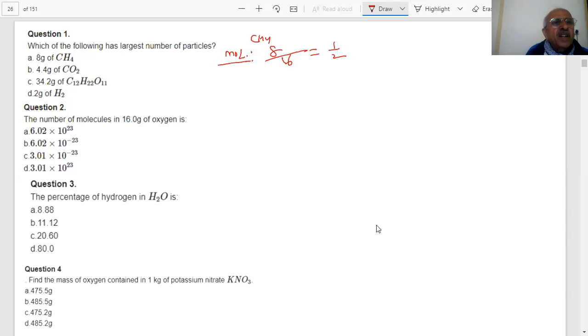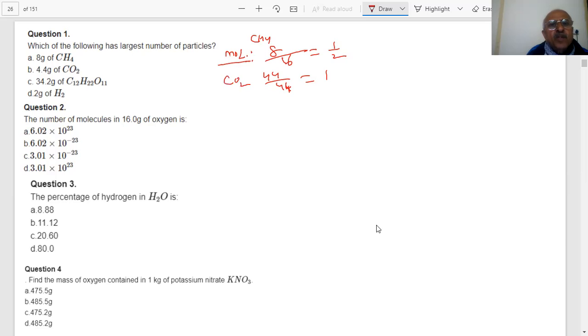And carbon dioxide, 44 divided by 44 comes to be 1. And 34.2 gram.